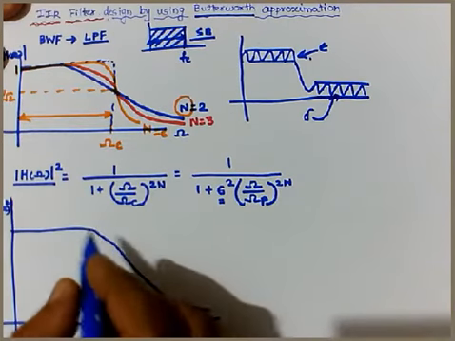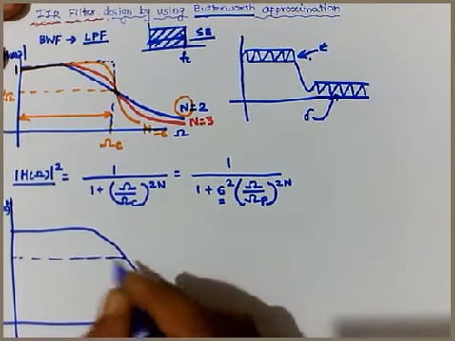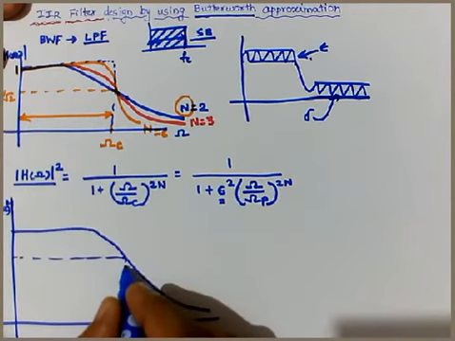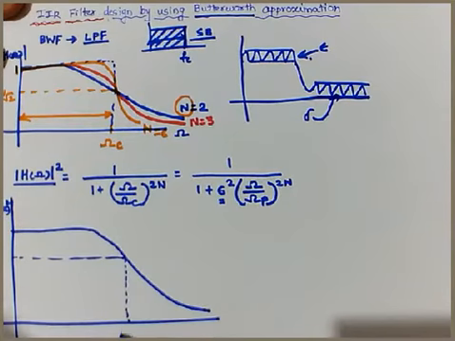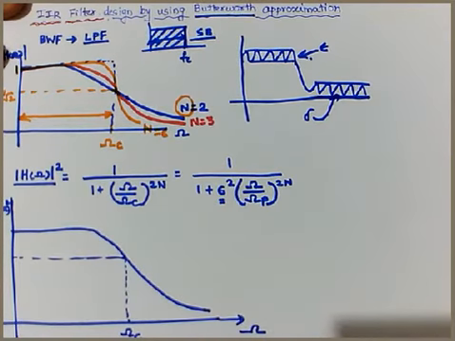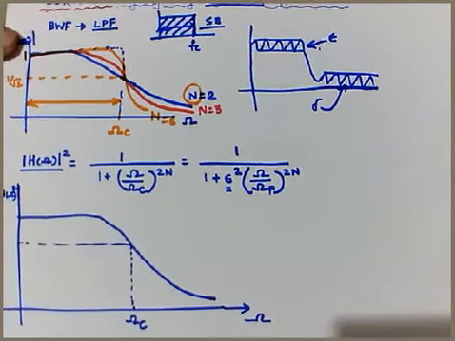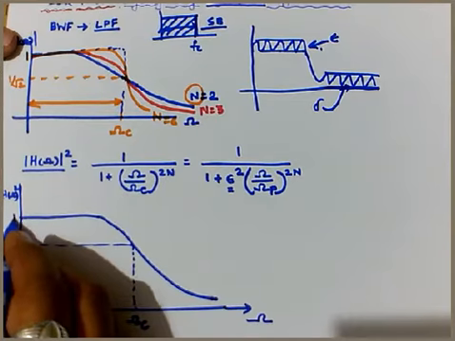Here we can check out, this point is nothing but the 1/2, the half power point. So here I will get the Ωc. This is obviously plotted with respect to the Ω. This is the value 1.